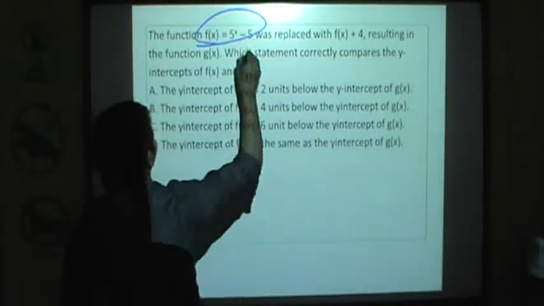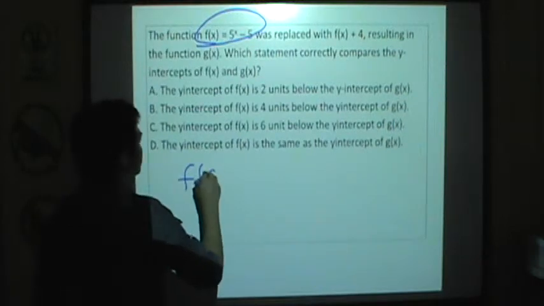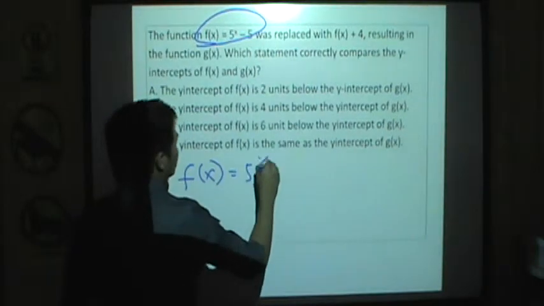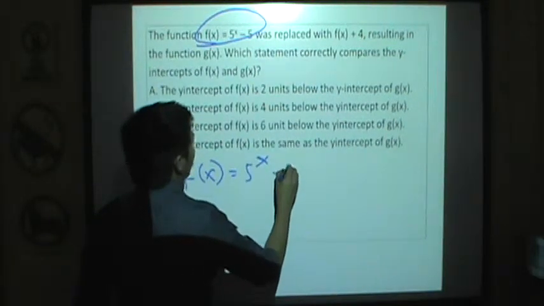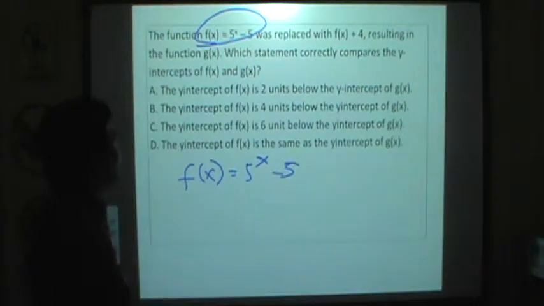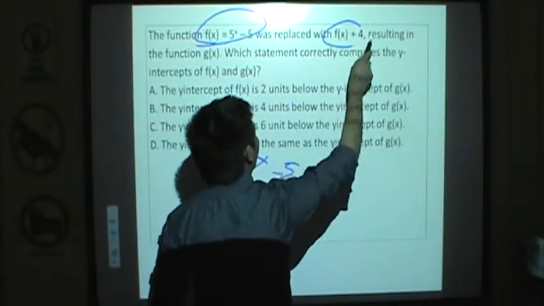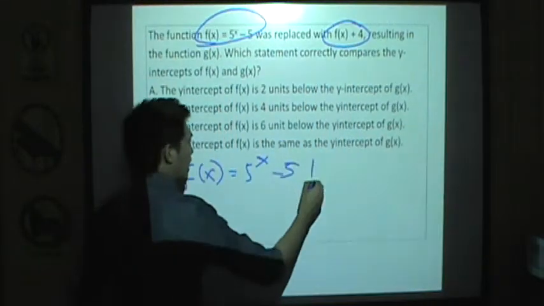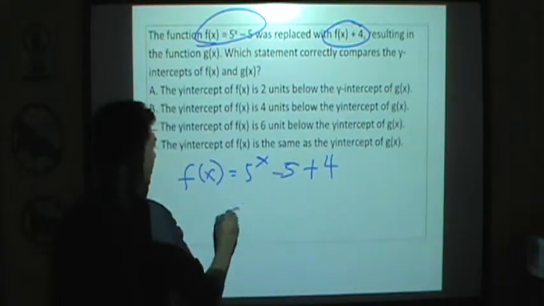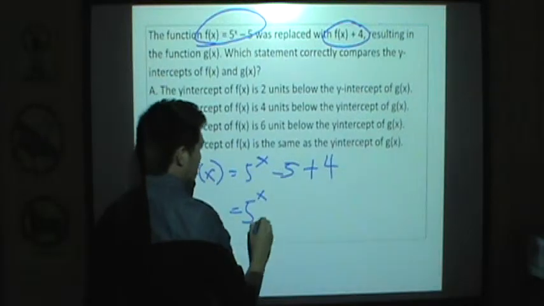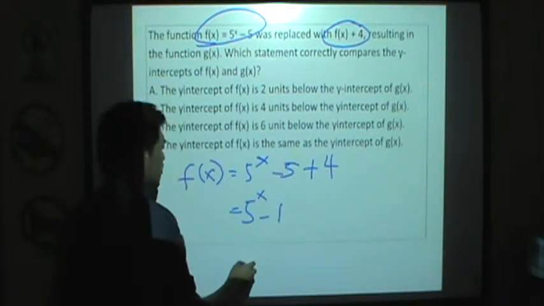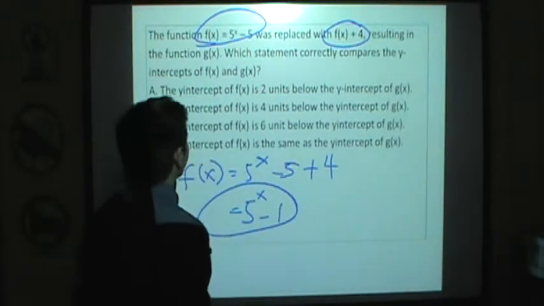So here, using your calculator, you're going to press 5 to the x minus 5. But if you want to replace this by adding 4, you're going to have 5 to the x minus 1. I think we answered this before.